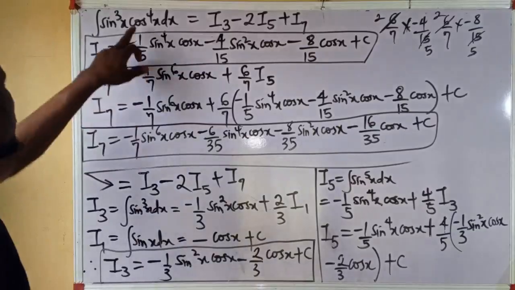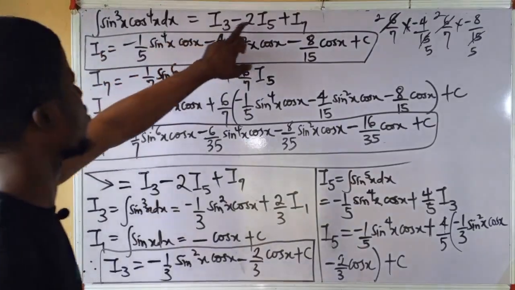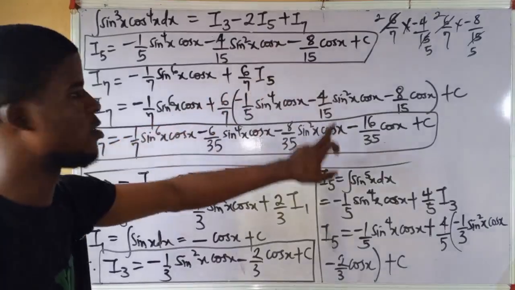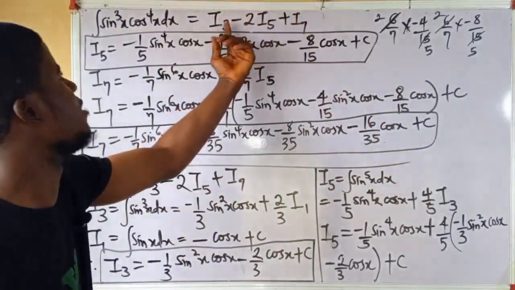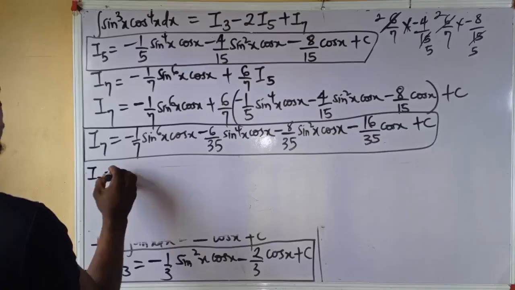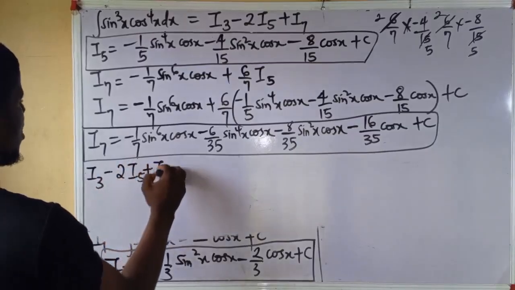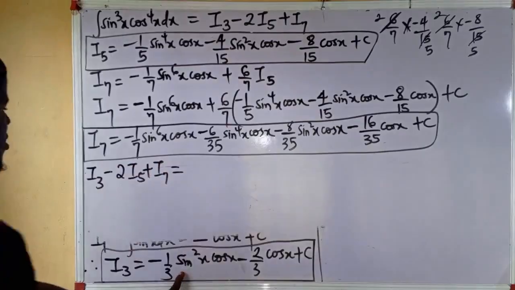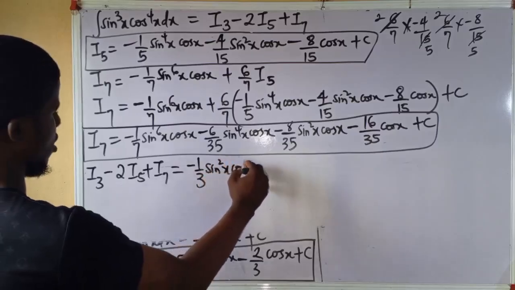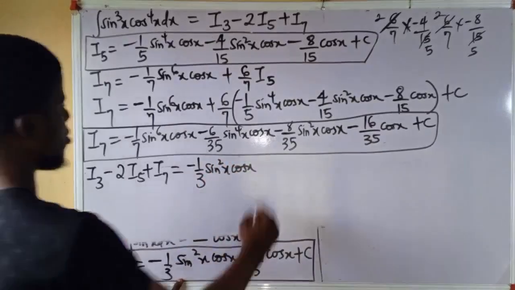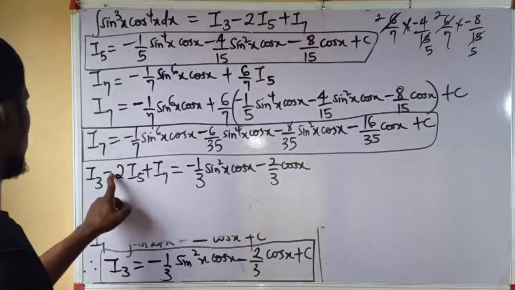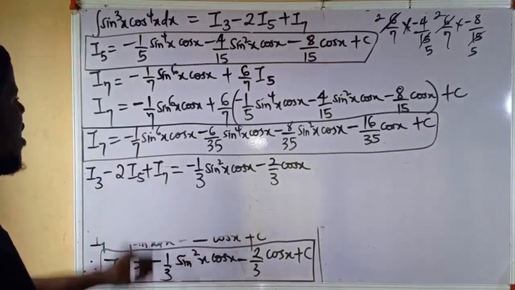Remember, we are trying to evaluate this integral. And this is I3 minus 2I5 plus I7. We've gotten I3, we've gotten I5, and we've gotten I7. So what is I3 minus 2I5 plus I7? Let's evaluate that. This is I3: minus 1 over 3 sine squared x cos x minus 2 over 3 cos x. Then the constant of integration. Minus 2 times I5.